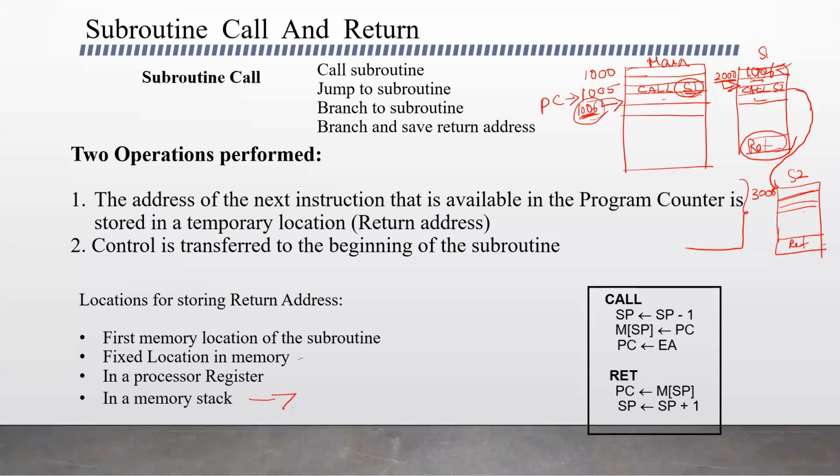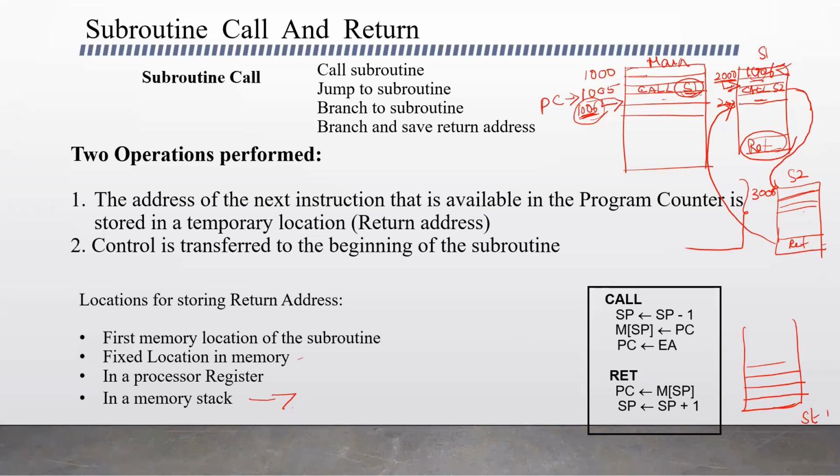This is the next instruction to be executed, let's say it is 2003. So the control has to return to this particular address, not to the main program. So when we store it in a stack, to make you understand this, let's say we have a stack in memory.